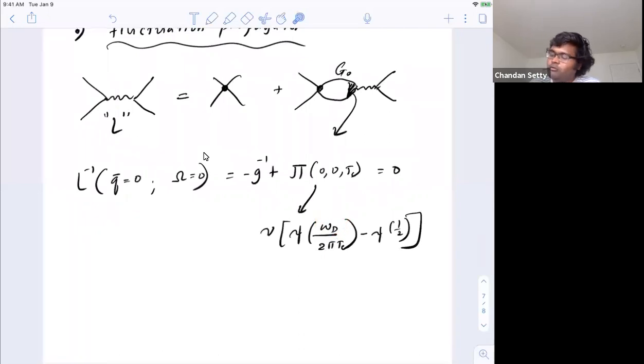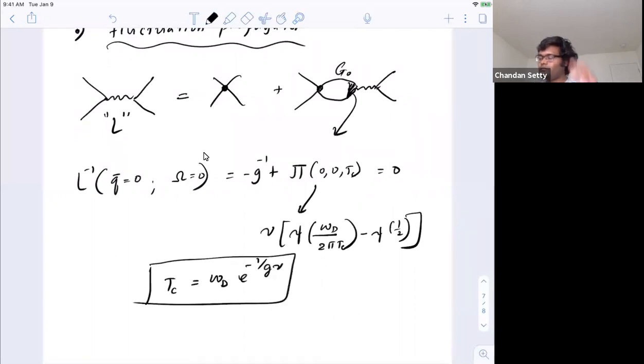And in the limit of large omega d, you will find that this Tc is basically the BCS formula, where nu is the density of states. Okay, so this is at least the minimal thing that you can do with the fluctuation propagator. Okay, so that's the basic introduction to fluctuation superconductivity and what you need to know for this talk.